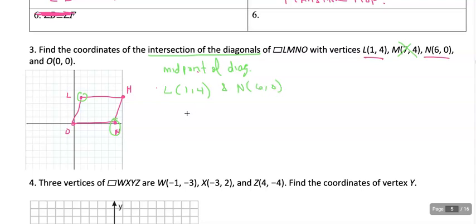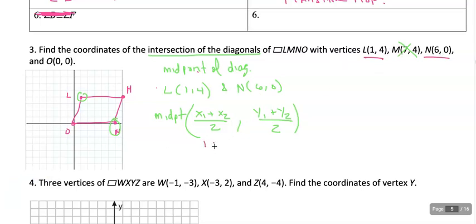To find my midpoint, I'm going to add my x's and divide by 2. That's going to be the first coordinate. Then I'll add my y's and divide by 2. It should work whether you choose L and N or M and O. It should be the exact same result.